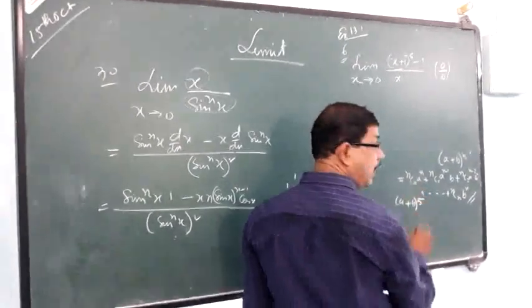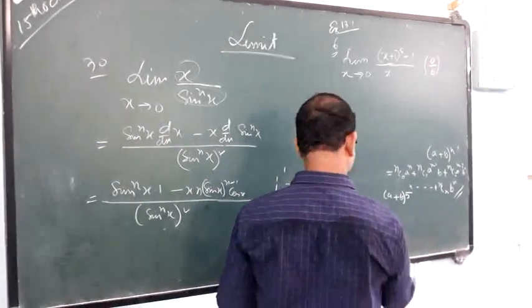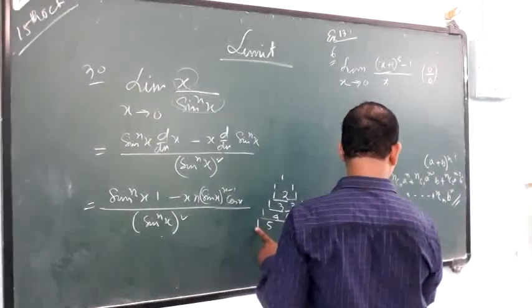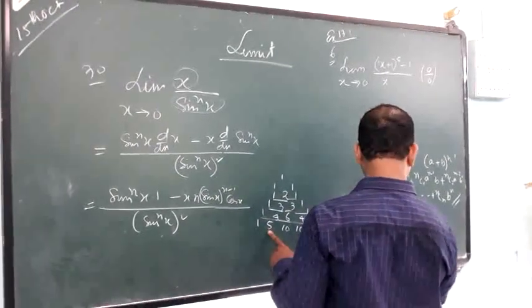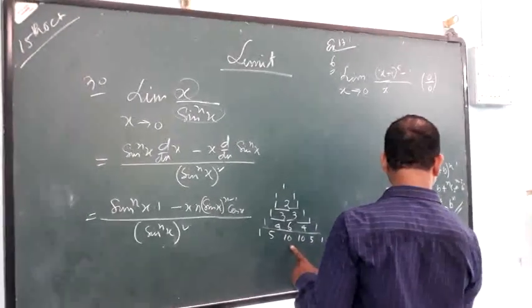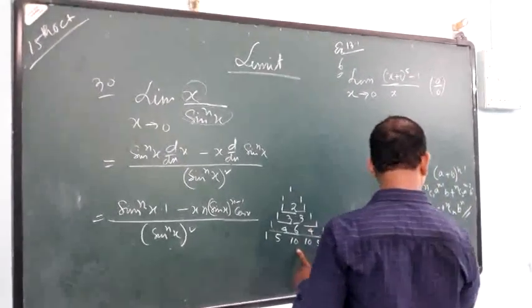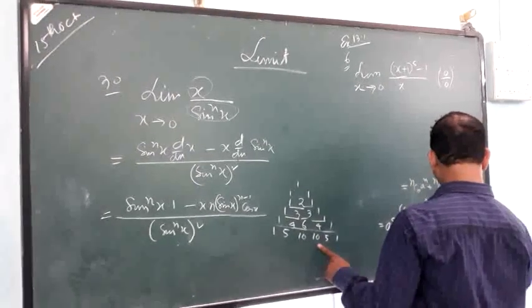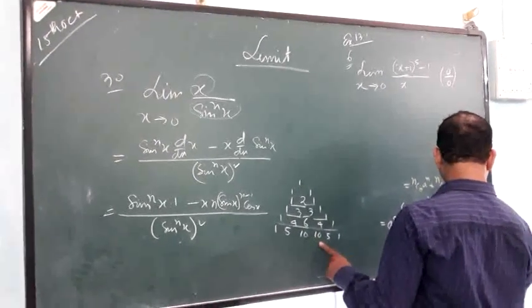then instead of 5C0, you will write 1. Then a to the power 5. Next 5 a to the power 4 b. Then 10 a cube b square. Then 10 a square b cube.